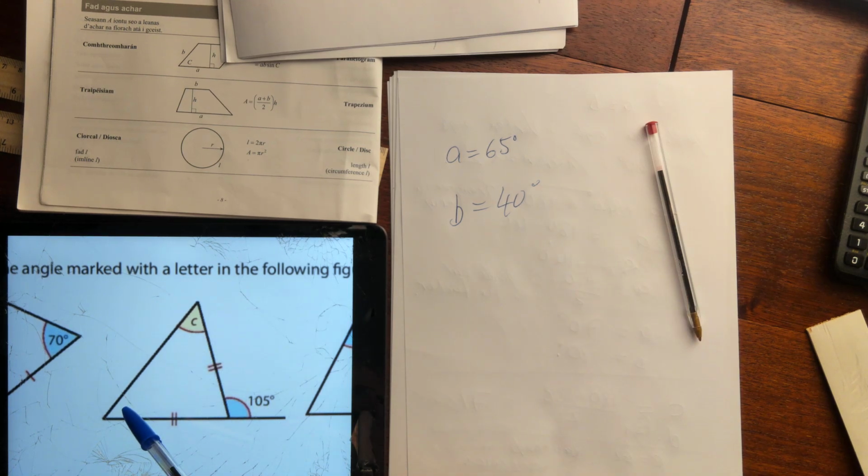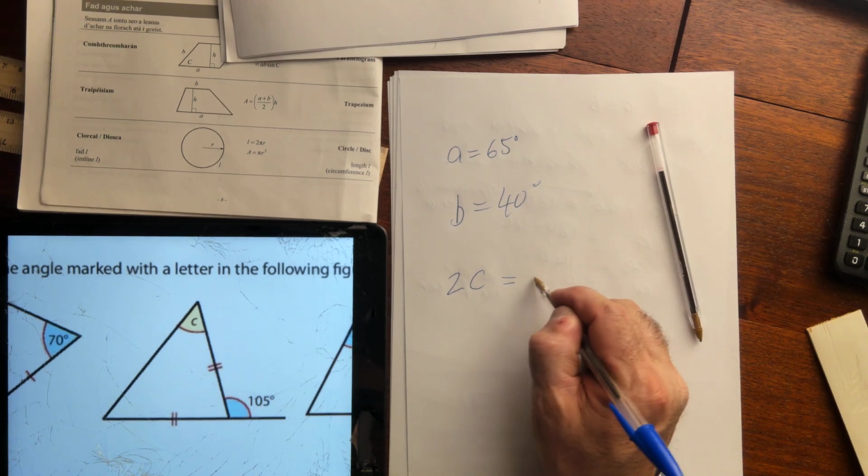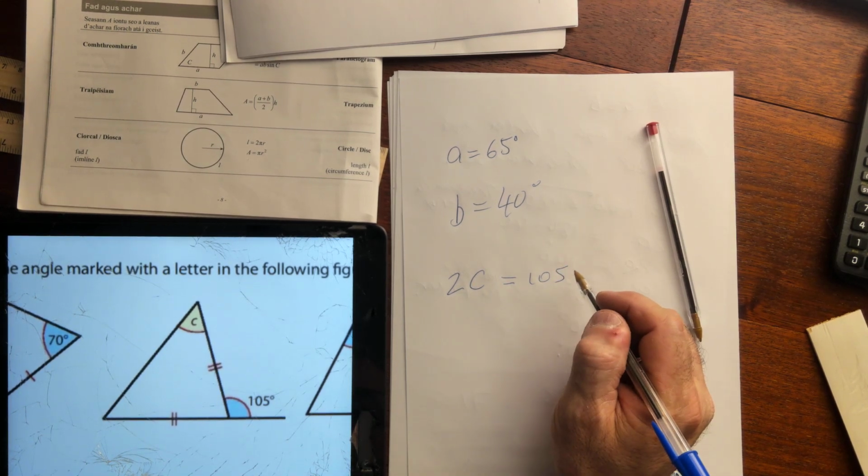These two angles are the same because they're base angles, and 2C equals 105 because of that.